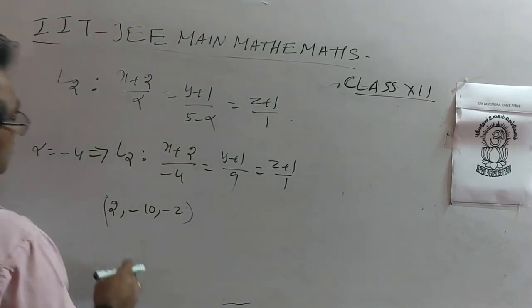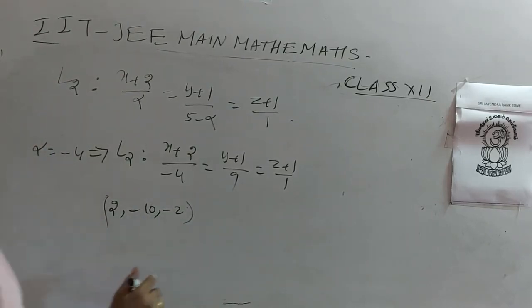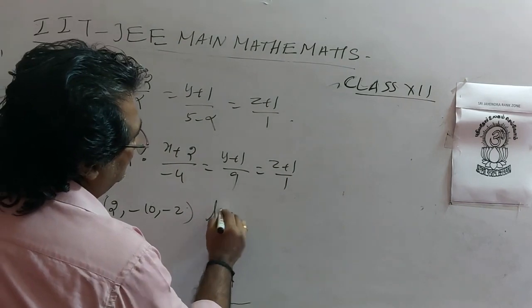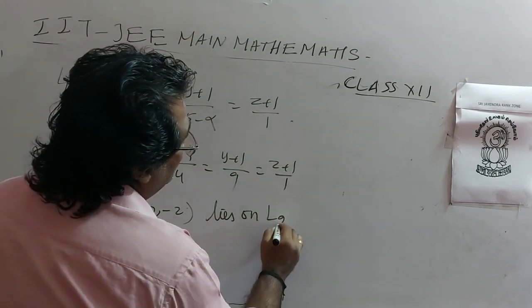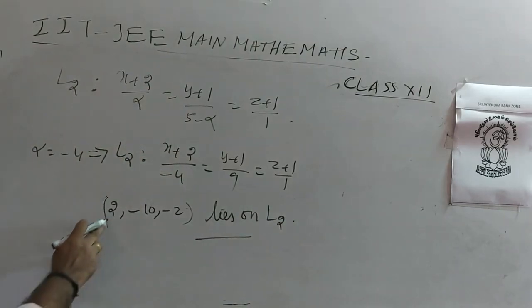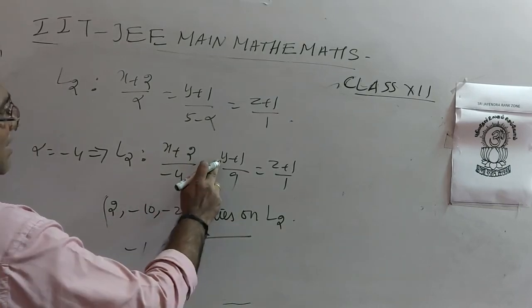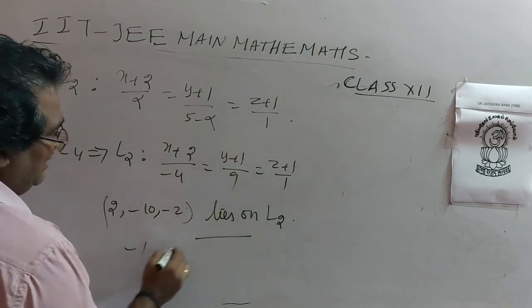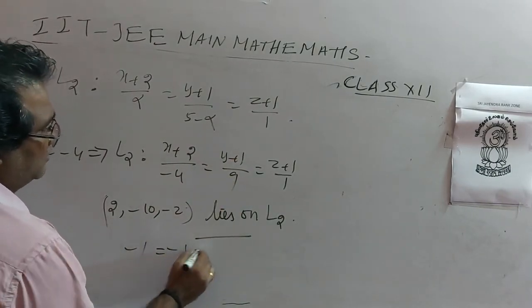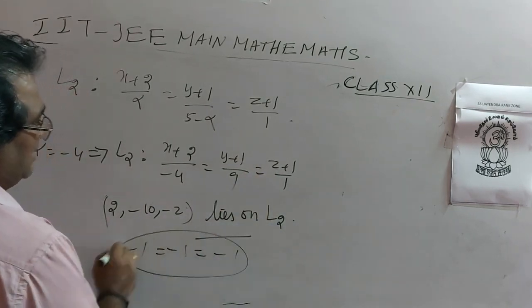Among the four options, if you verify (2, -10, -2), it lies on L2. If you take (2+2)/-4, that is -1. If you take (-10+1)/9, that is -1. (-2+1)/1 is -1. So all will be equal.